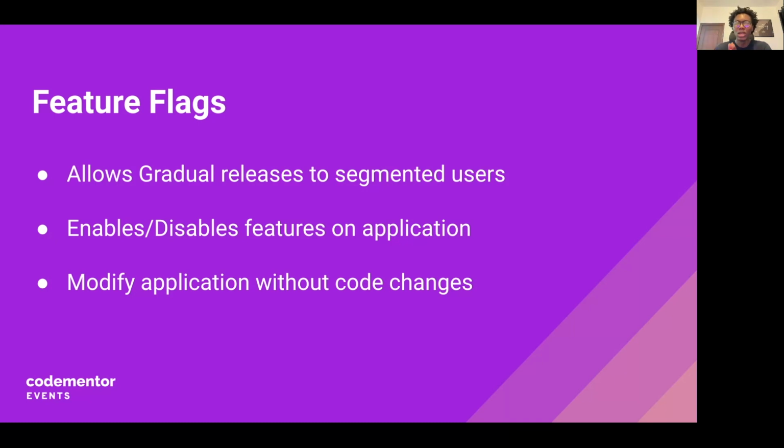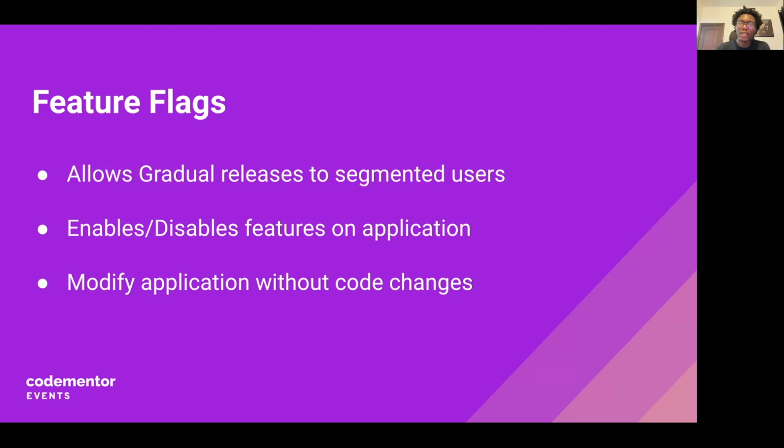And what does it do? It allows you to release features to different users. For example, in your application, you might have a particular feature that introduced a bug. With the help of feature flags, you don't have to rewrite all your code or bring down your server just to fix that particular issue.